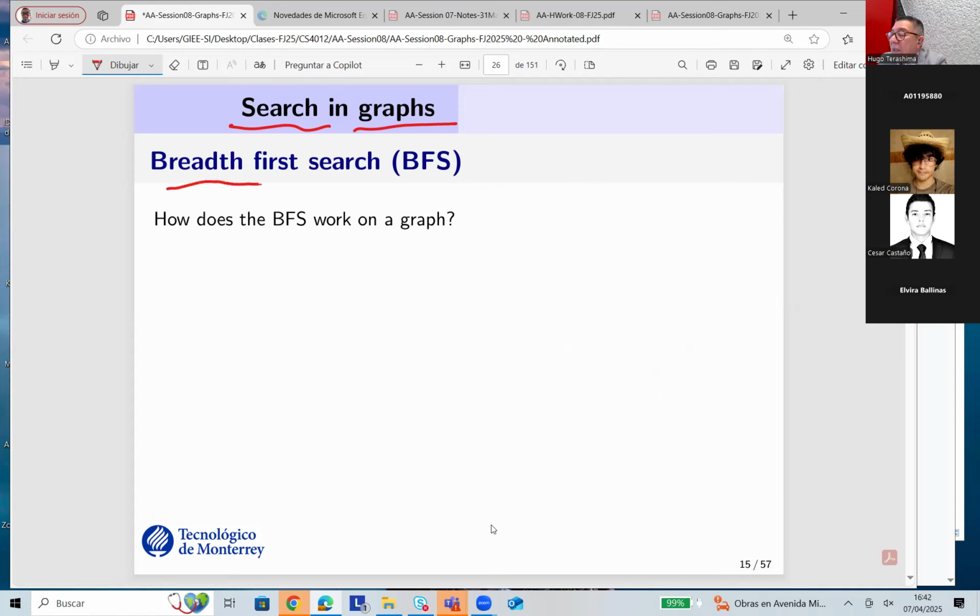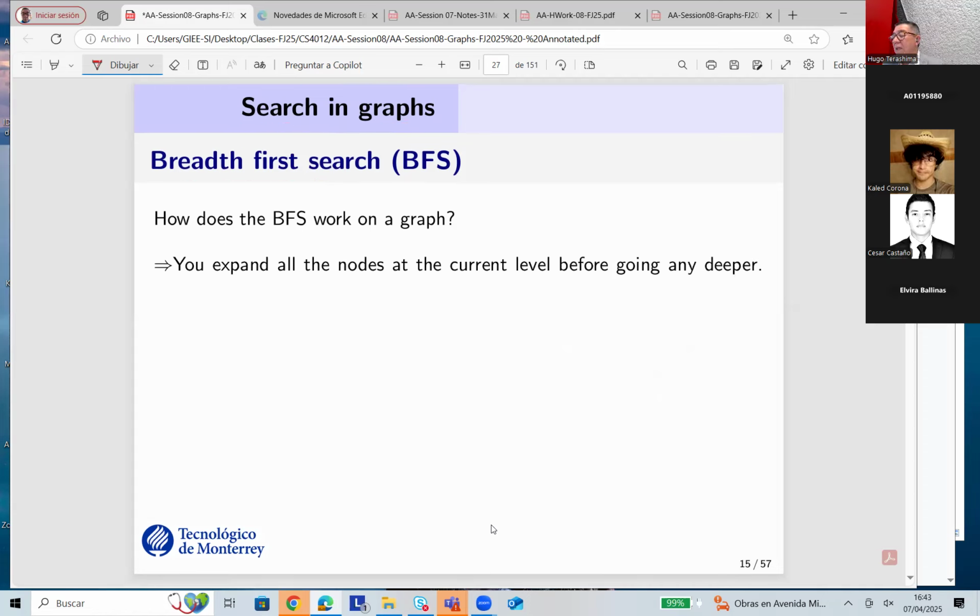And this is a strategy for looking for something in a graph, right? Sometimes I can approach the search by using breadth, and breadth first search works in this way.